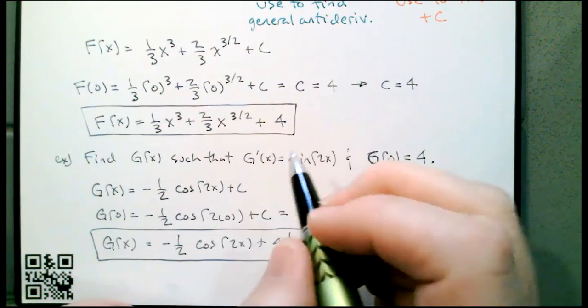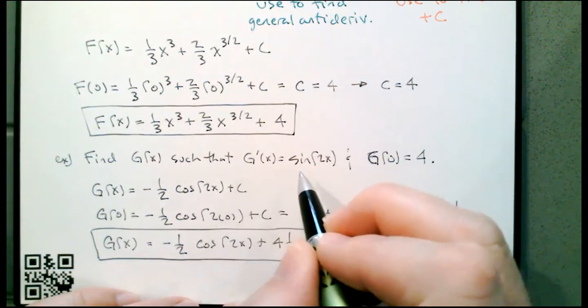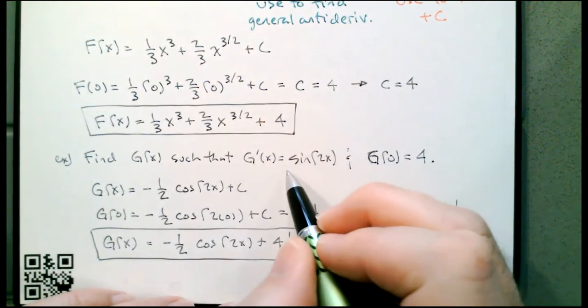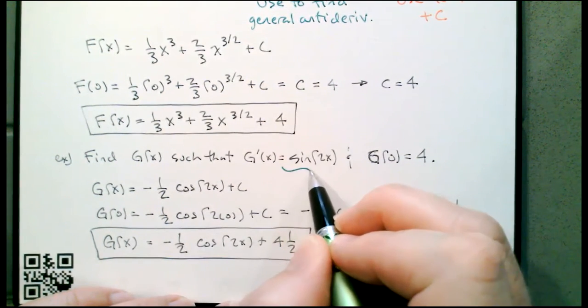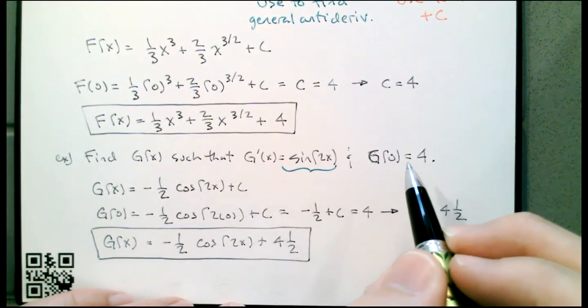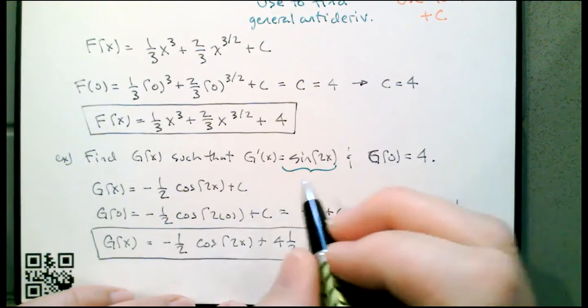So here is where the general antiderivative, given the derivative, is a family of functions.